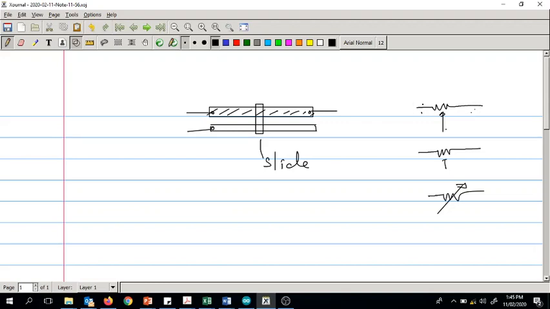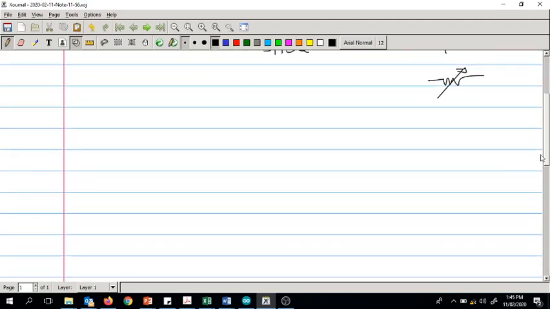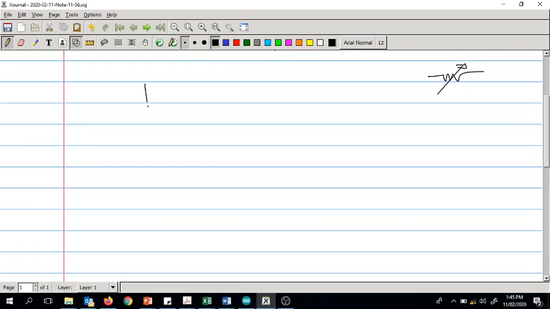These are the two ends of the carbon strip, right? And the thermistors, temperature dependent or temperature sensitive resistors, we got two different types: positive temperature coefficient and negative temperature coefficient.